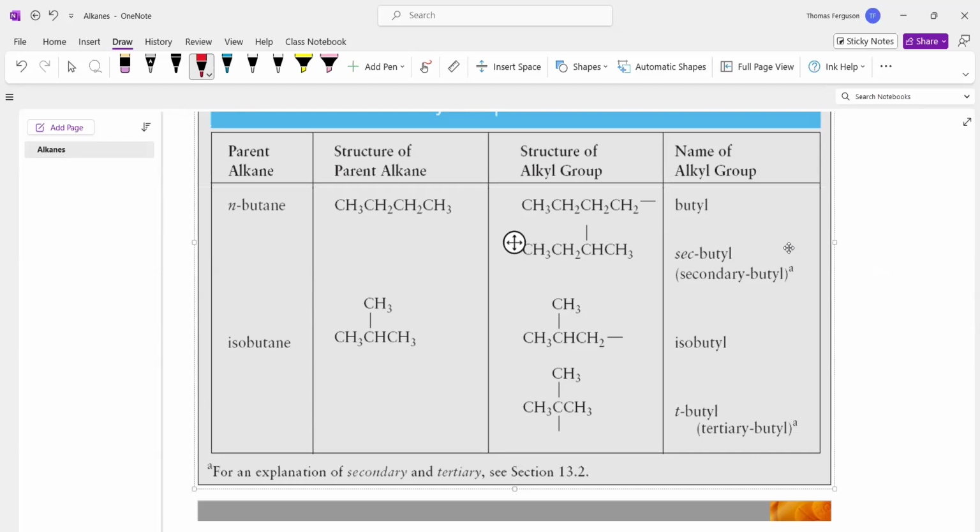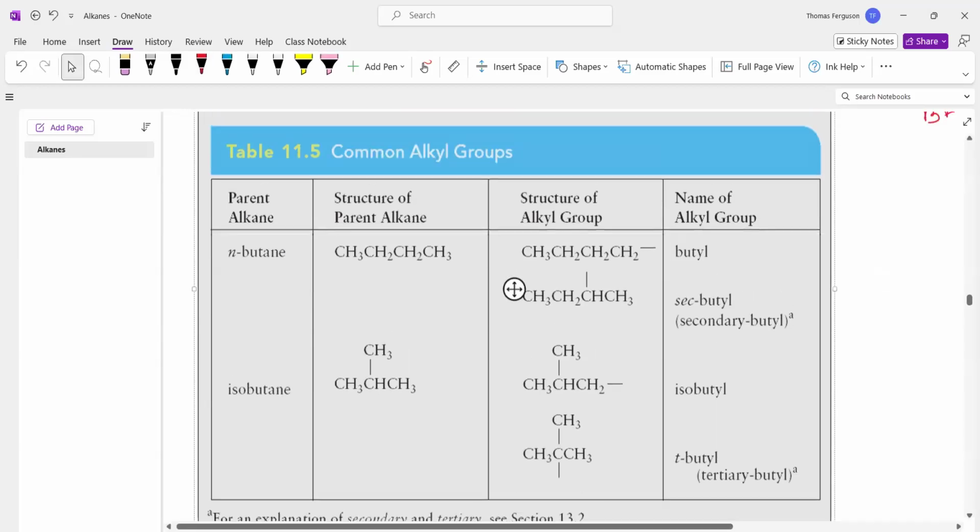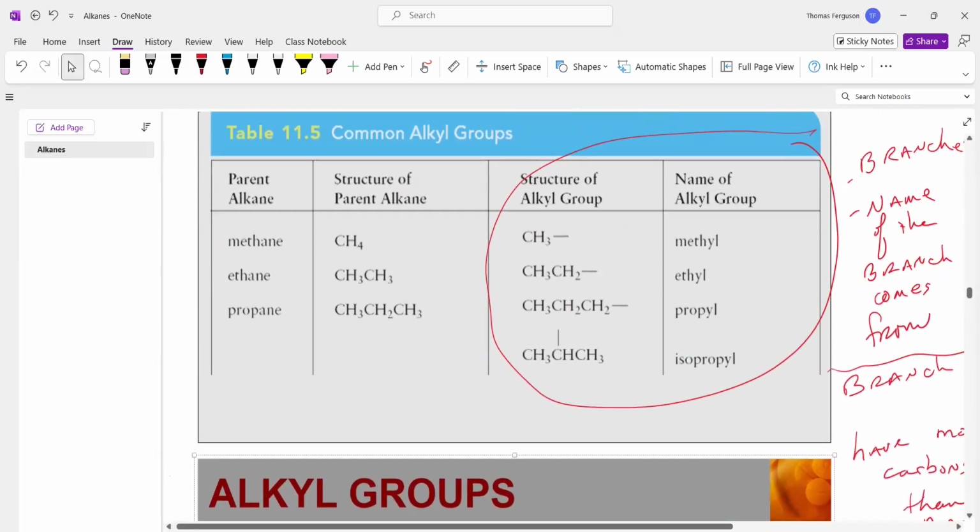If it attaches in the middle carbon, it's called t-butyl, which is short for tertiary butyl. Now, in this class, I'm not having you memorize the butyls, but I am having you responsible for these guys. So, super important.